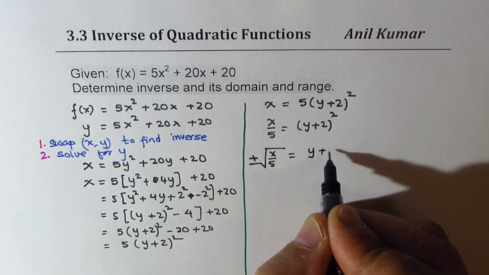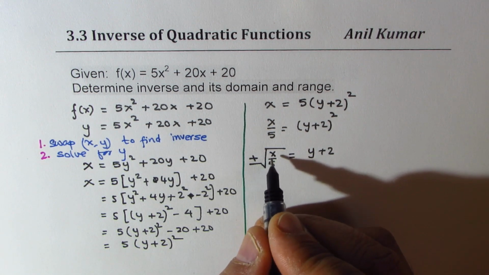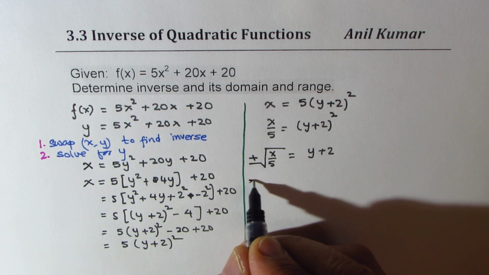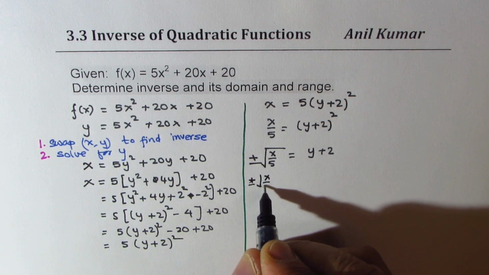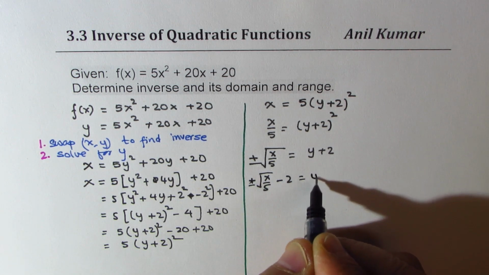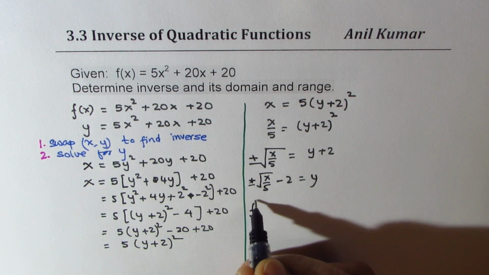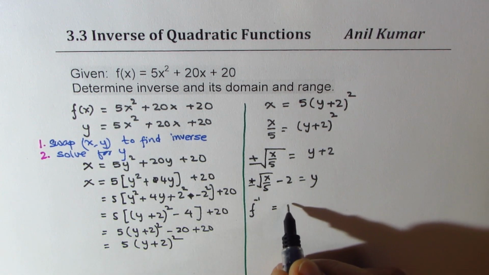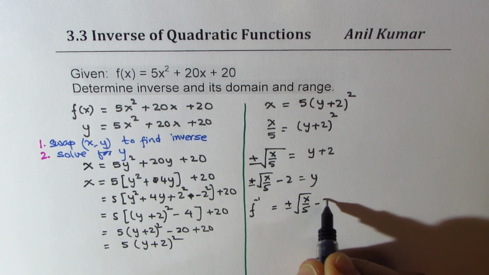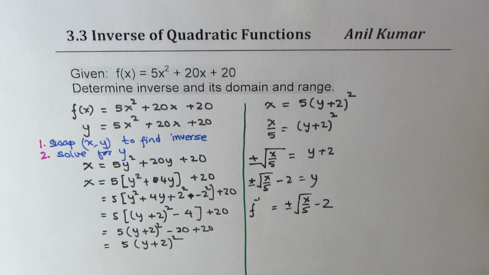So we get y plus 2 equals plus or minus the square root of x over 5. Now you can easily isolate y. It becomes plus or minus the square root of x over 5, minus 2. So the inverse of our function is plus or minus the square root of x over 5, minus 2. Does that make sense to you? So that is how you could get the inverse of your function.